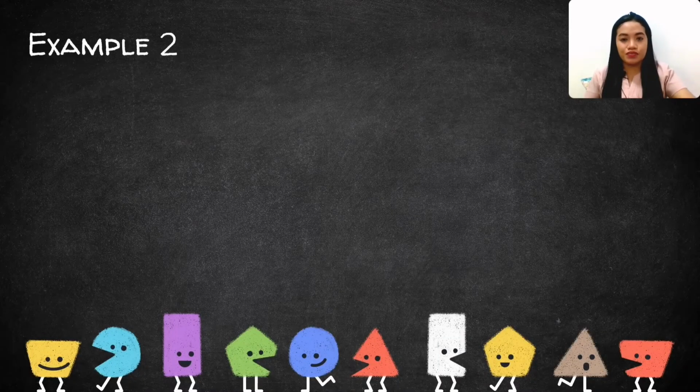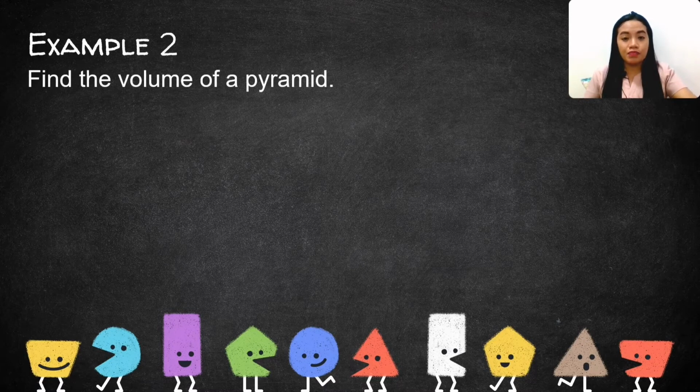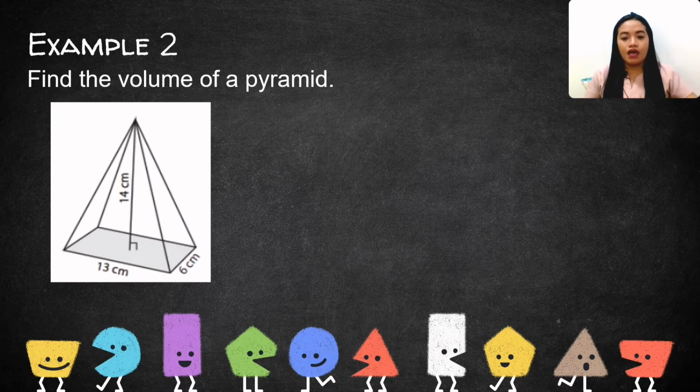Now, let us proceed to example number 2. Find the volume of a pyramid. Okay, so the given are 14 centimeter as the height, 6 centimeter as the width, and 13 centimeter as the length.